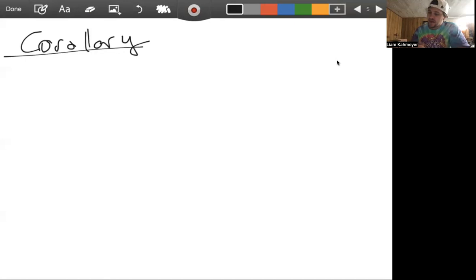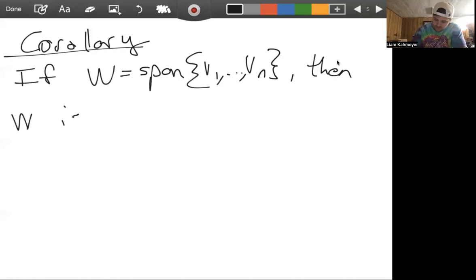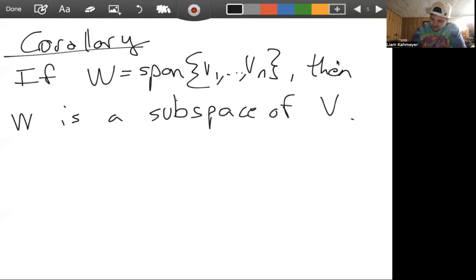If W is equal to the span of some collection of vectors V1 through Vn, then W is a subspace of V, right?